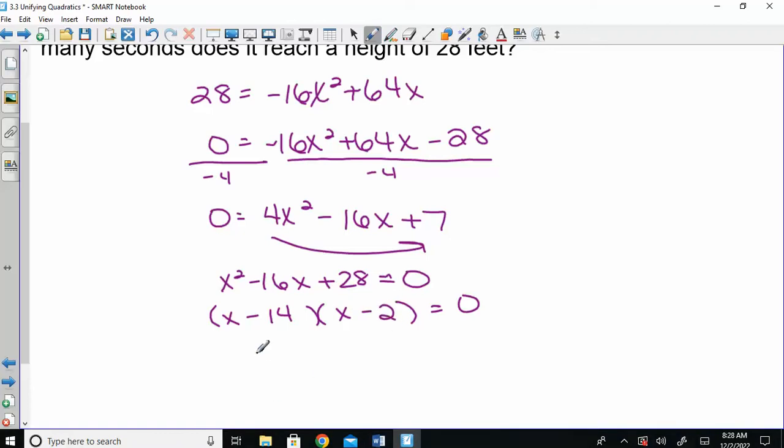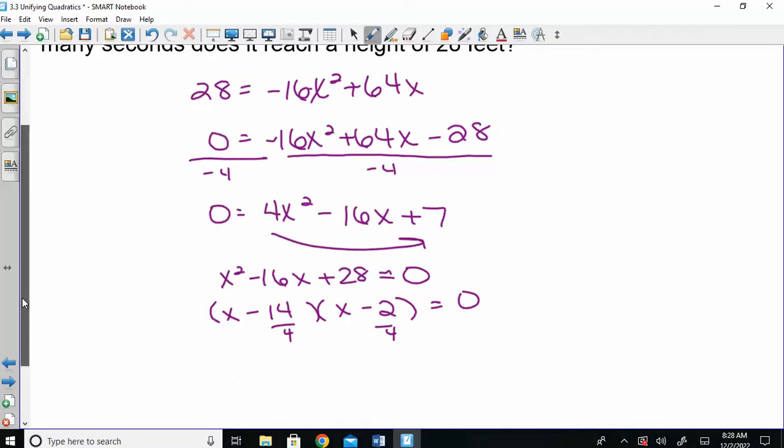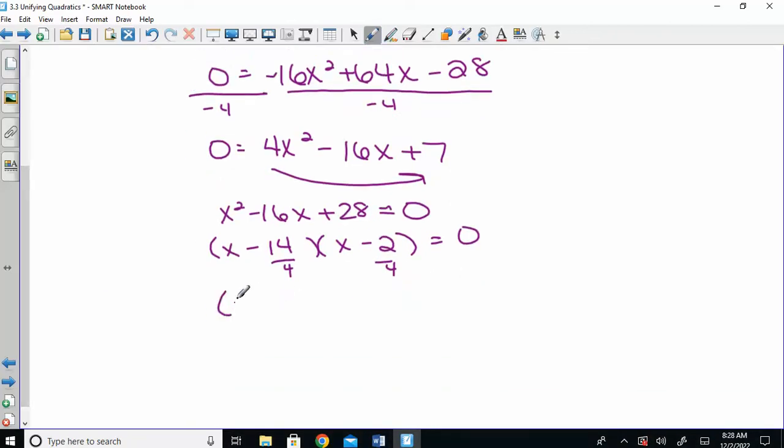But then we have to divide by 4. 14 over 4 reduces to 7 over 2, so that's 2x minus 7. 2 over 4 is 1/2, so 2x minus 1. Set those to 0, we get 7/2 and 1/2.